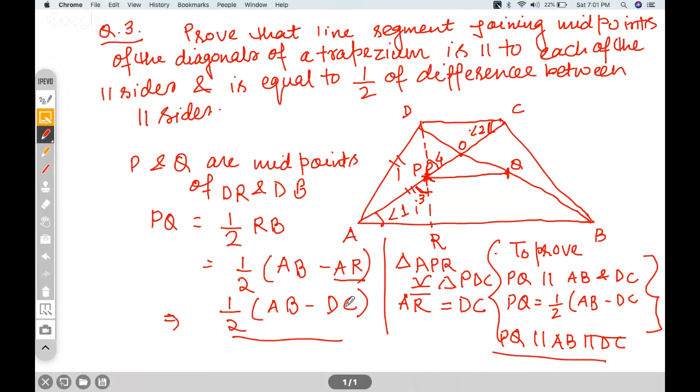Okay, solve the next question. One more question I'll give you from this topic and then we'll move to the next topic. Okay.